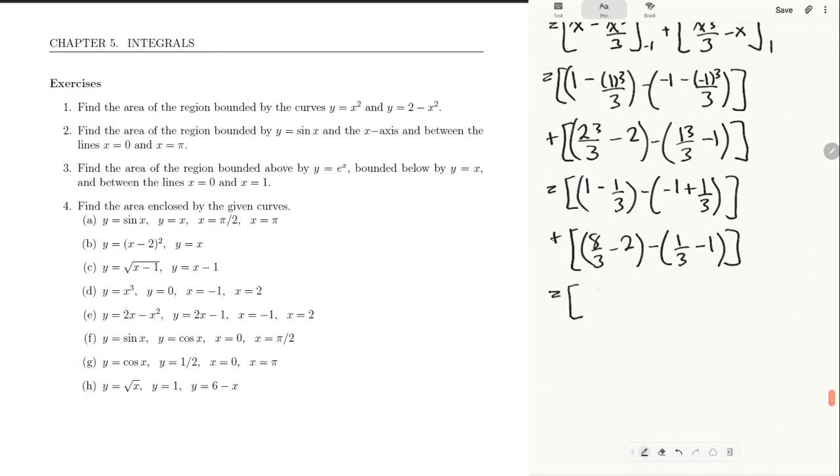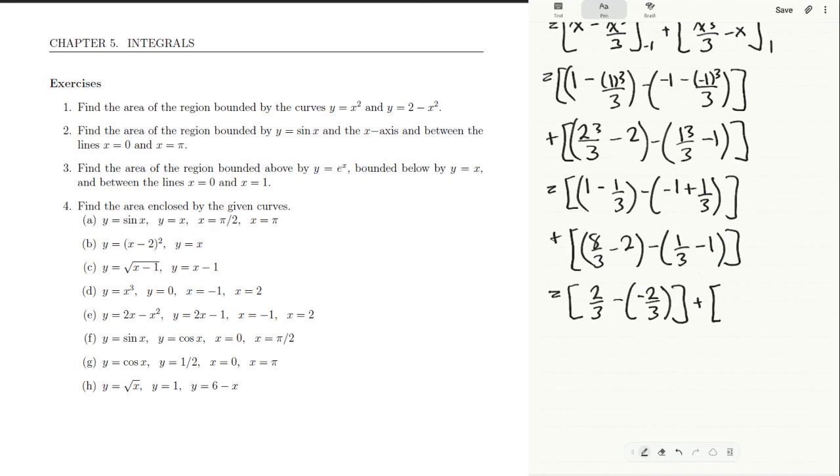So this will simplify to 2/3 minus negative 2/3 plus, we'll make a common denominator of 3.